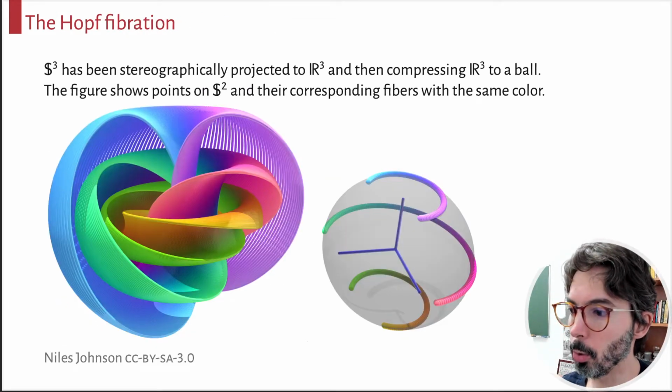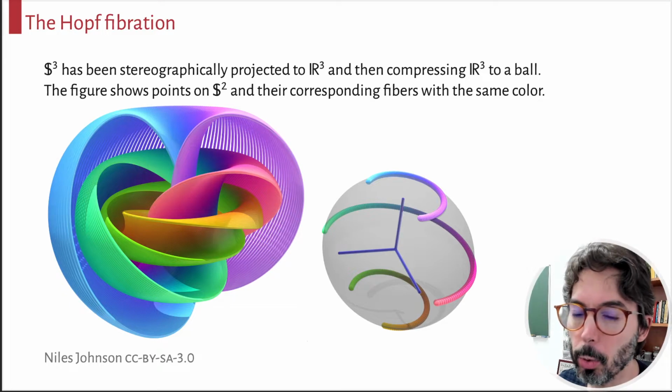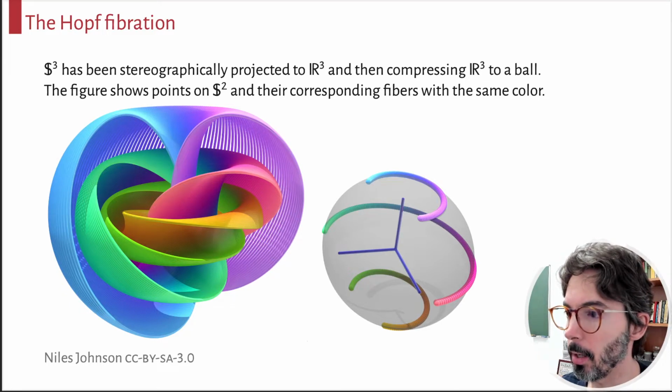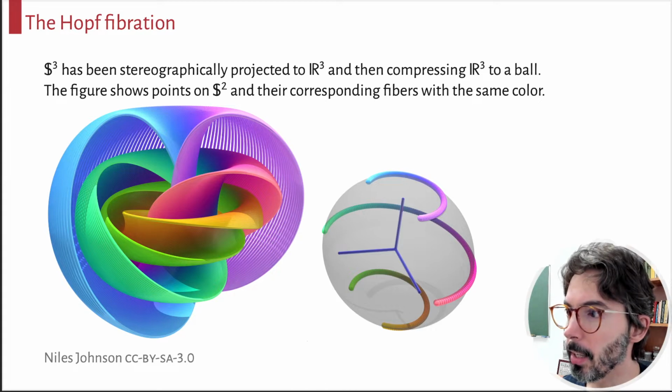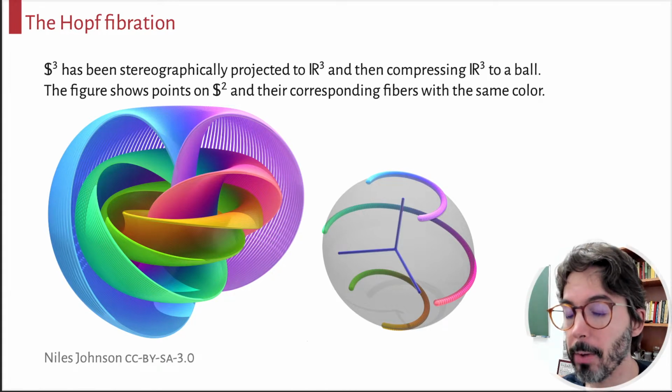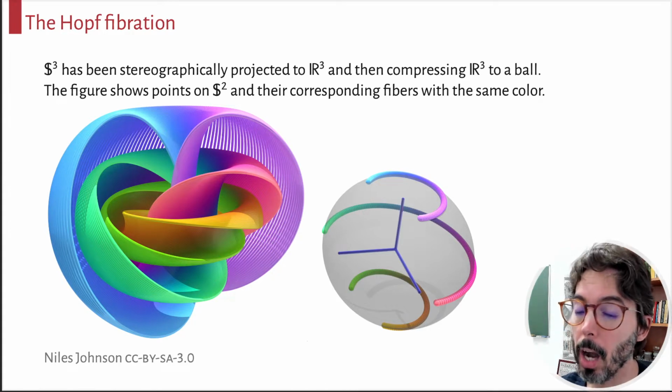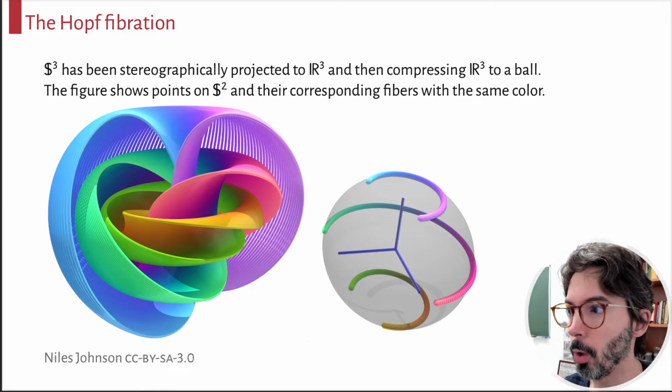Okay, just to try to get a picture of what a Hopf fibration is, I'm going to present here these beautiful pictures by Niles Johnson, where we can see the three-sphere stereographically projected to R3 and then R3 compressed into a ball.